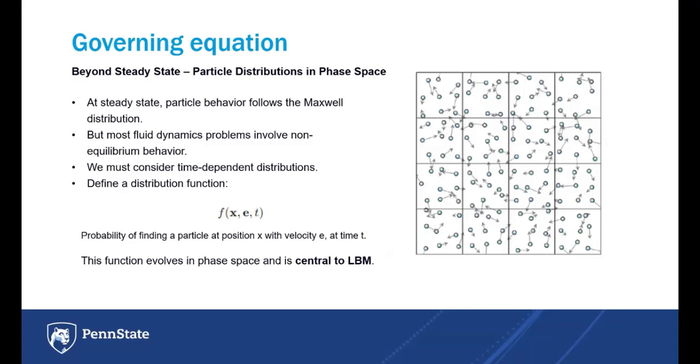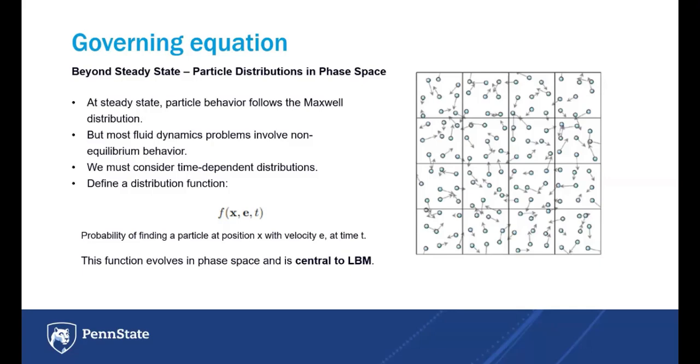Earlier, we introduced the Maxwell distribution, which helps us describe particle behavior at steady state. But real-world fluid systems are rarely in equilibrium. If we only study equilibrium properties, we miss out on the dynamic nature of most fluids: turbulence, shock waves, and boundary layer effects, for example. So how do we move beyond the steady state? We do this by defining a distribution function in phase space, denoted as f(x, e, t).